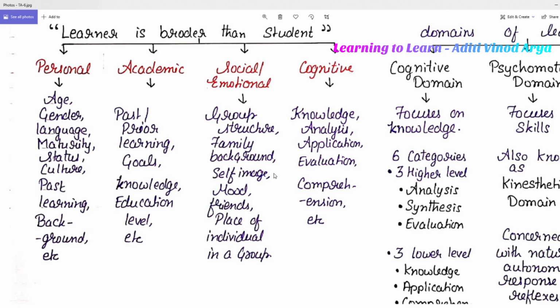Suppose the student is from a very poor family, right, he will understand the worth of money more as compared to a person who's from a very rich family. If someone is from a very rich family, he might not be able to understand the value of money because he got the money whenever he wanted.